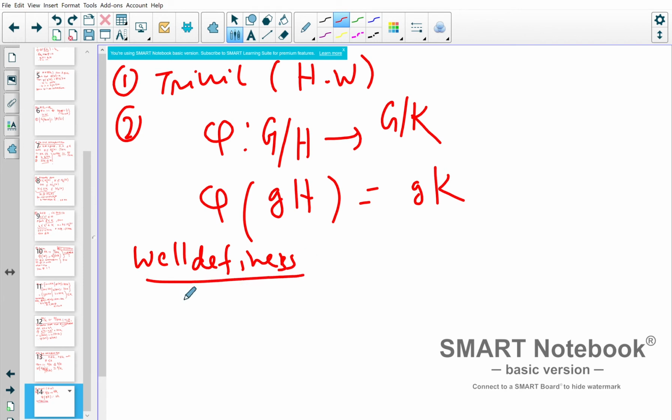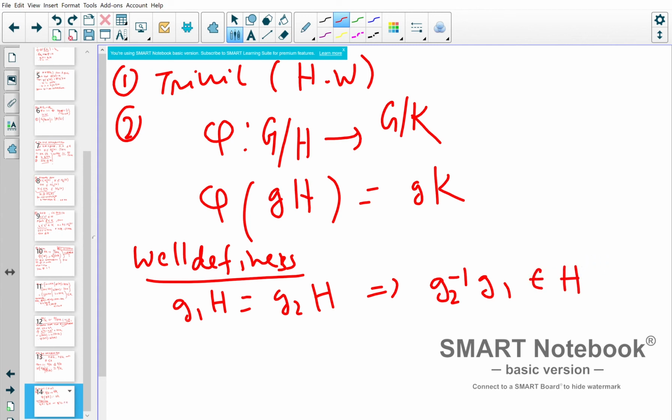So you start with G1H equal to G2H and check that phi of G1H is equal to phi of G2H or not, and this implies that G2 inverse G1 belongs to H. Okay. Now G2 inverse G1 belongs to H, and what does that mean? What is given?